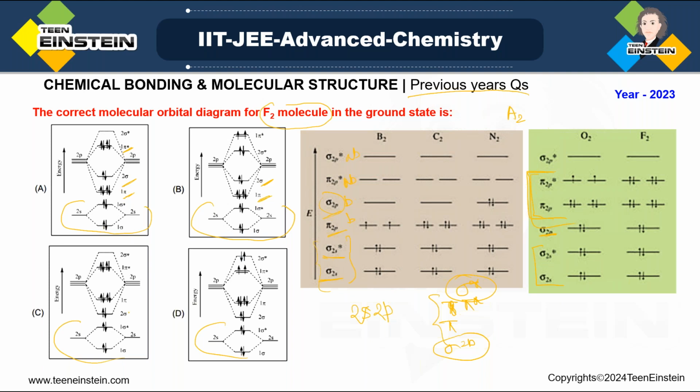That you can see only here. We have first sigma bonding, then pi bonding, then pi star, that is pi anti-bonding, and then sigma star, that is sigma anti-bonding. So this is actually matching with the actual molecular orbital diagram for the fluorine molecule when it is in the ground state. Option C will be the correct option.